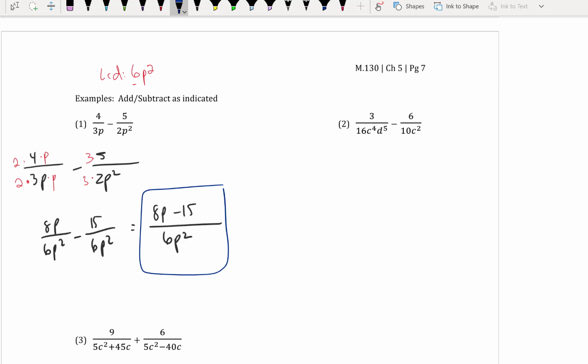Okay, now I am going to look at number 2. So for number 2, I am trying to find my LCD between these two numbers, which is 16 and 10. I believe my LCD between 10 and 16 is going to be 80.